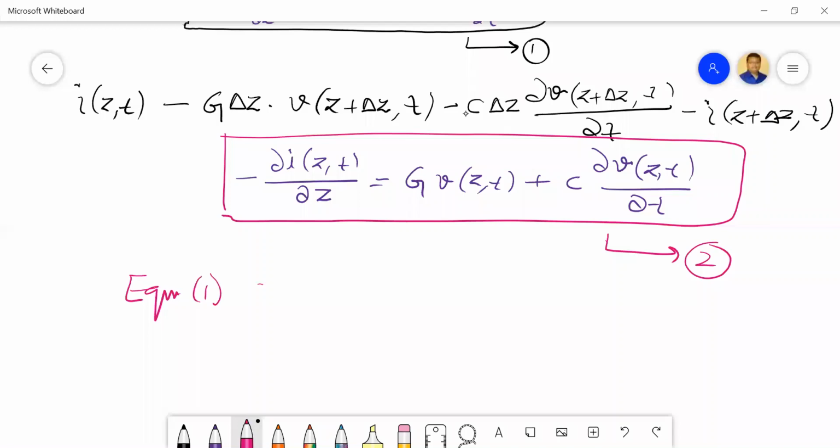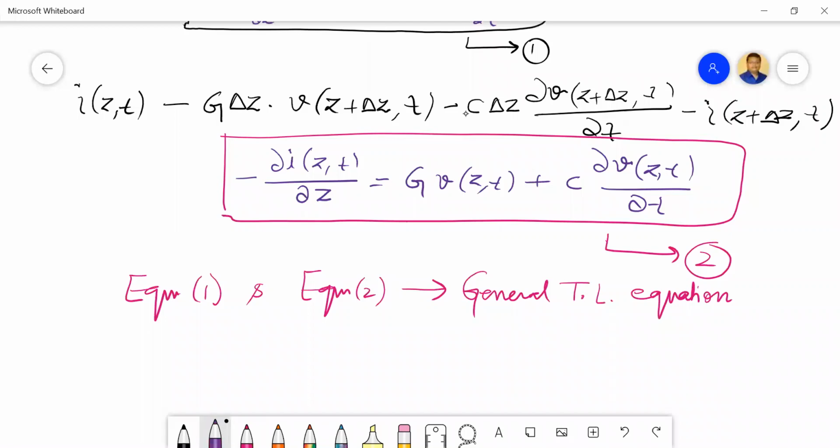So these two equations, equation number 1 and equation number 2, we call the general transmission line equations. TL stands for transmission line. Or in some books, this is also defined as the telegraphist equation.